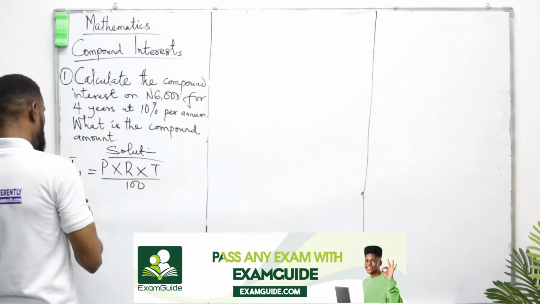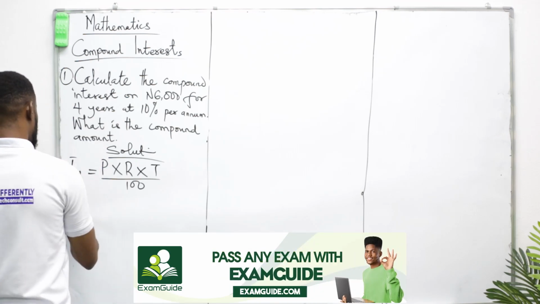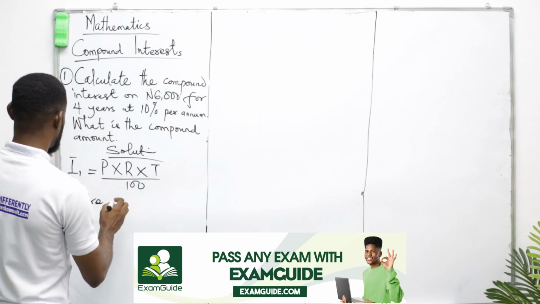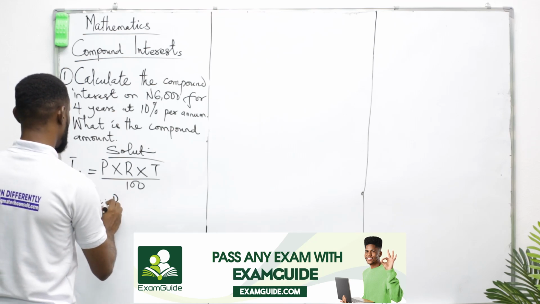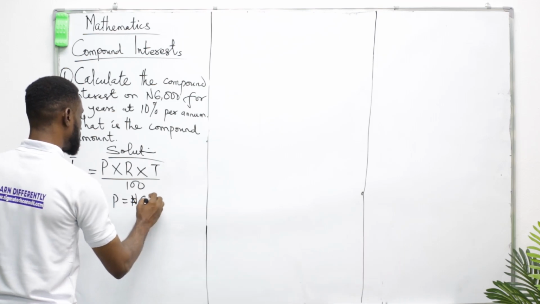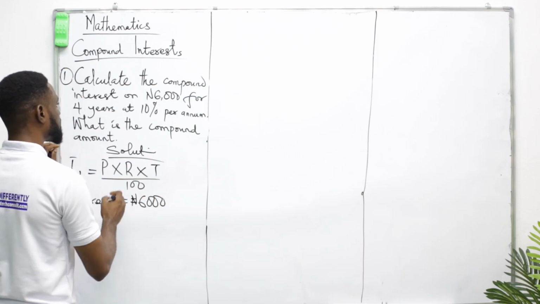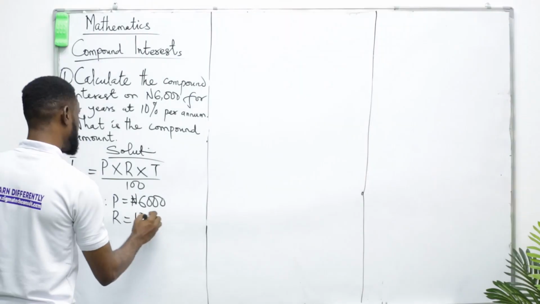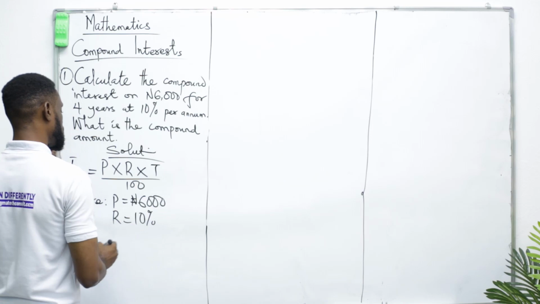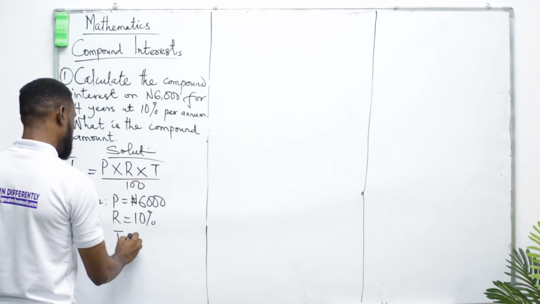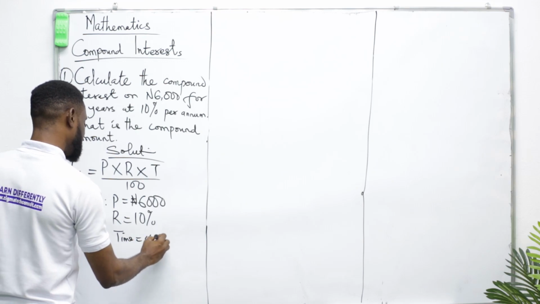So what that means, remember, where P is equal to 6,000, all right? We have our rate as 10%, and our time is 4 years.